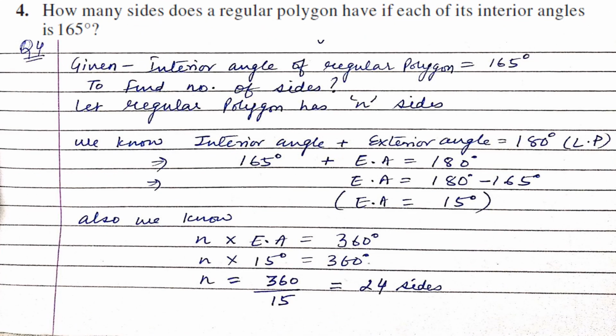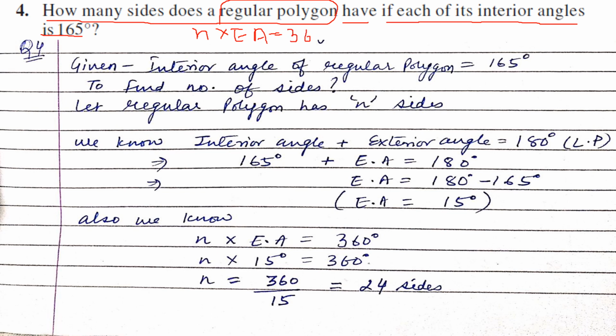Question number 4. How many sides does a regular polygon have if each of its interior angle is 165 degree? In the last question itself we have seen a formula that n number of sides into exterior angle is equal to how much? 360 degree.